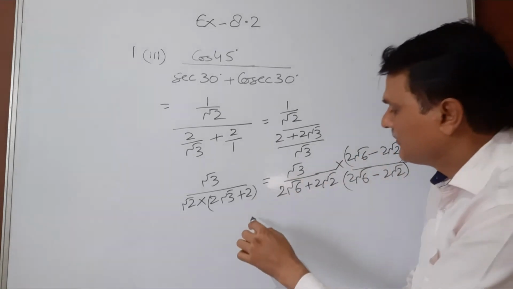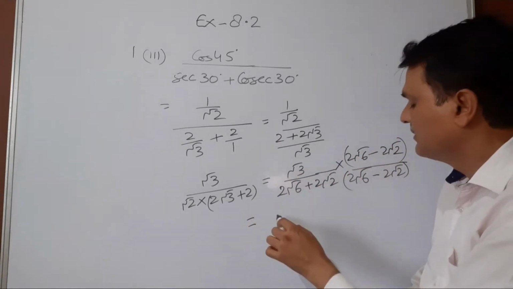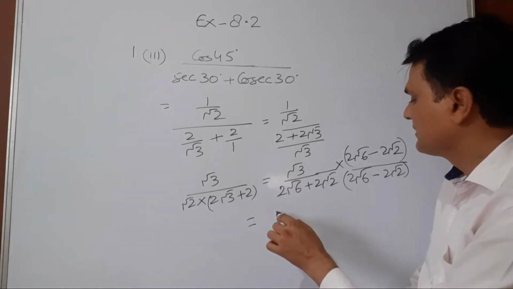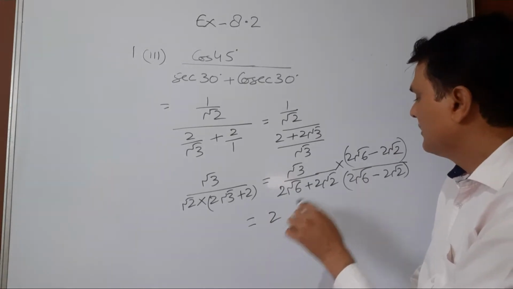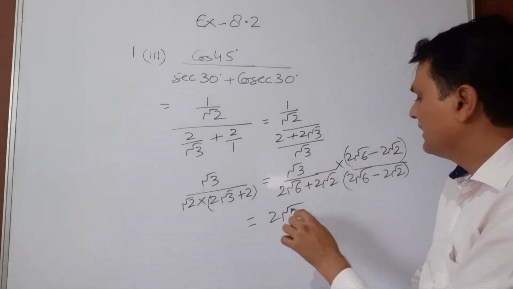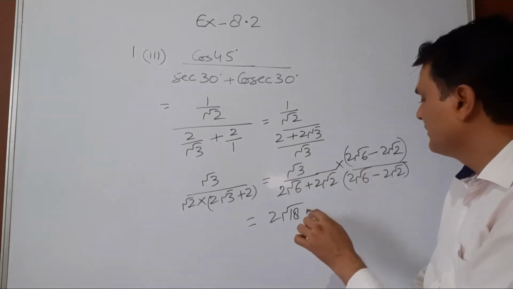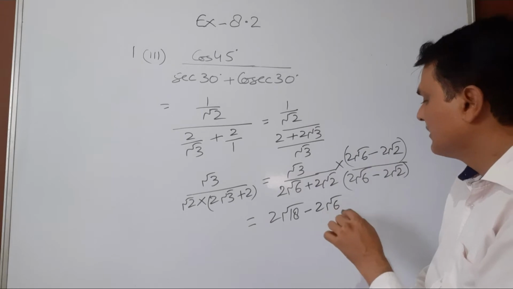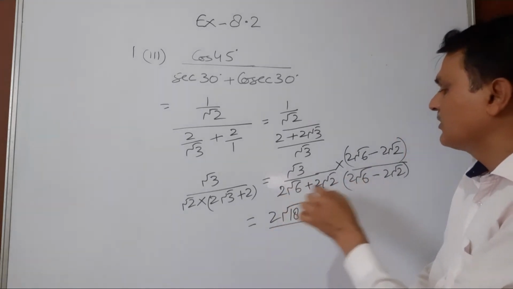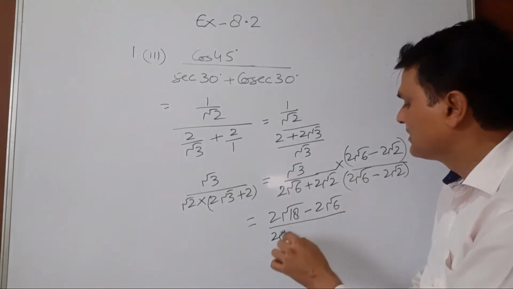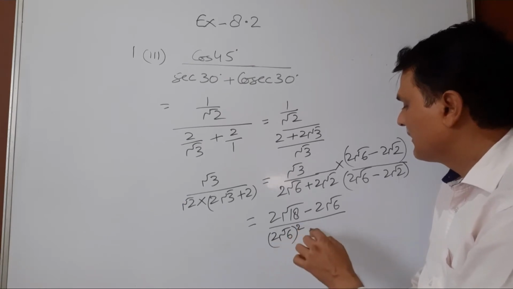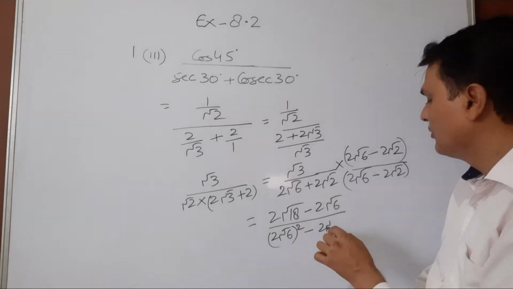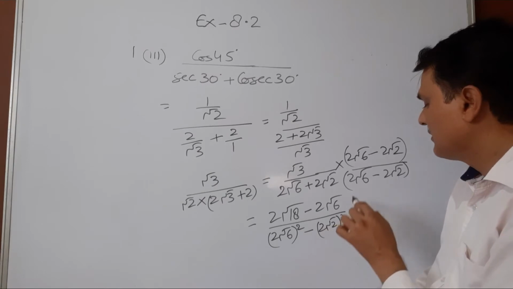This changes to, by taking 2 as common, 2 times root 18, which is 6 times 3 is 18, minus 2 root 6, whole divided by a square minus b square, that is 2 root 6 whole square minus 2 root 2 whole square.